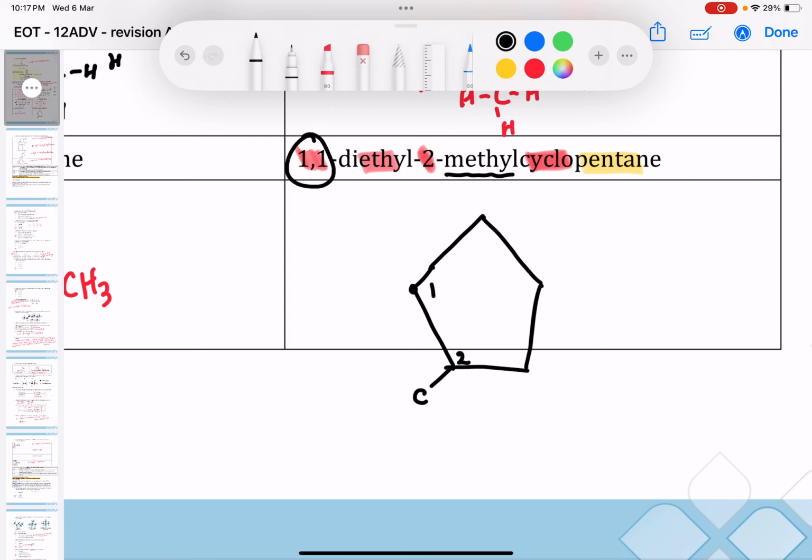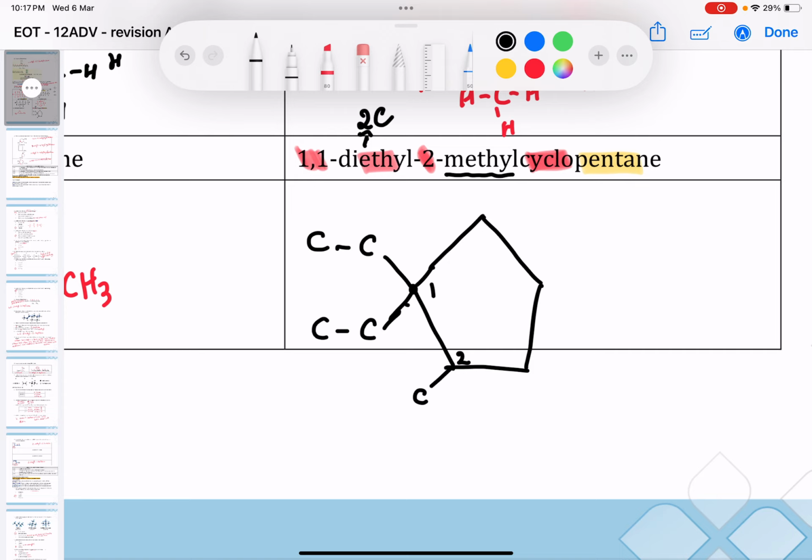When you see 2 numbers, means 2 branches. 1 number, 1 branch. So I have 2 branches, each of them made up of 2 carbons. So that's the first branch, and that's the second branch. Each branch is made up of 2 carbons.